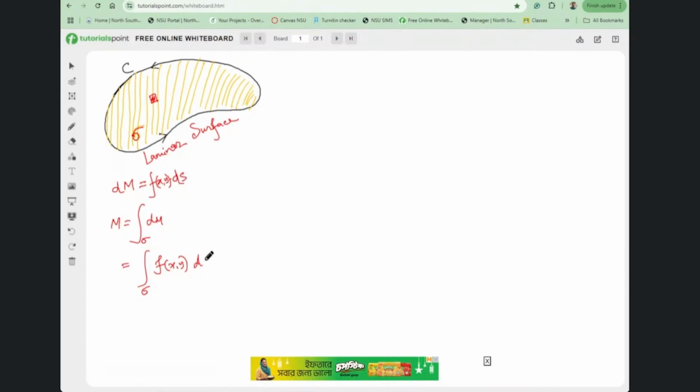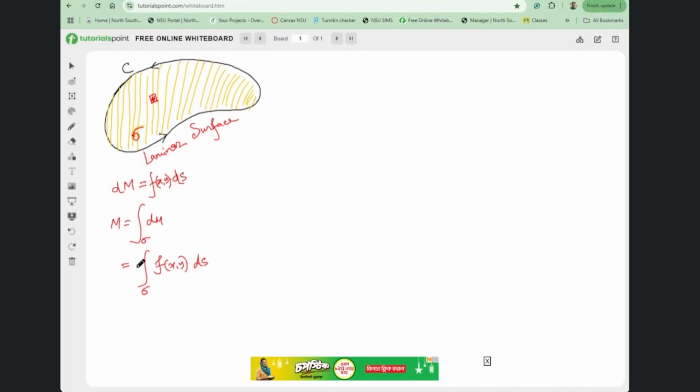Yes. So ds is the differential area of this small surface element, and if we take the integration along this surface of f of x y ds, we get the total mass of this laminar surface.